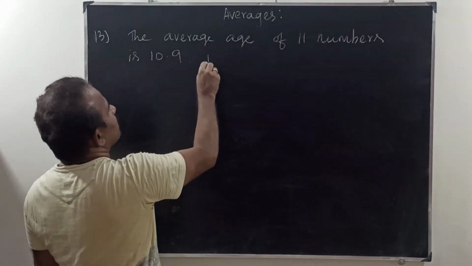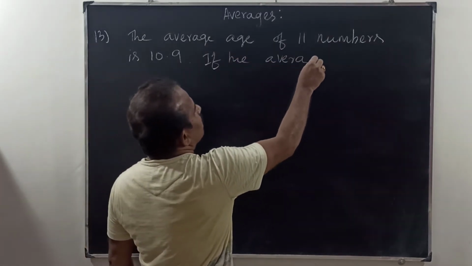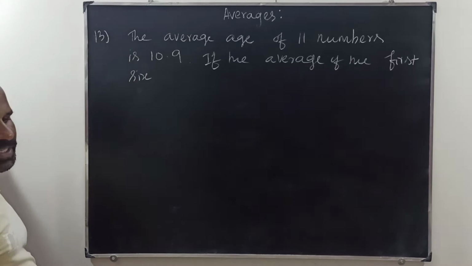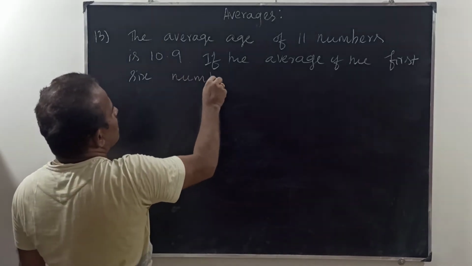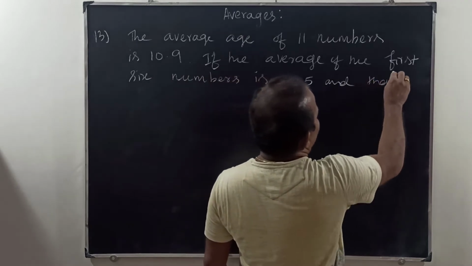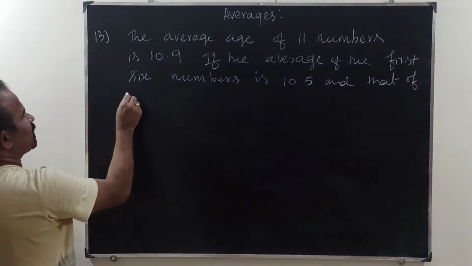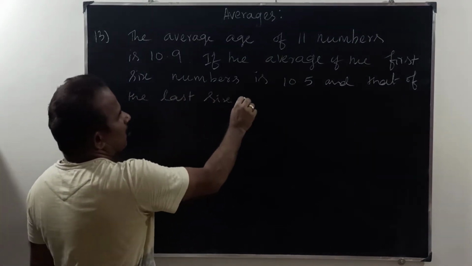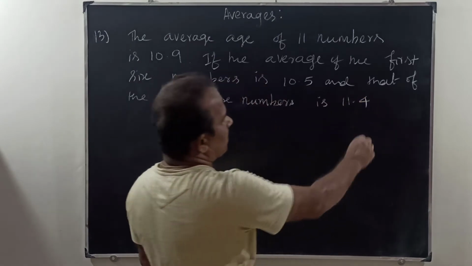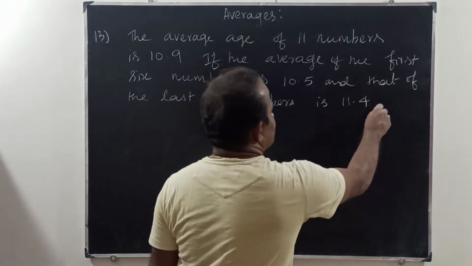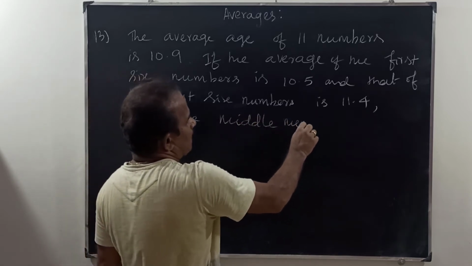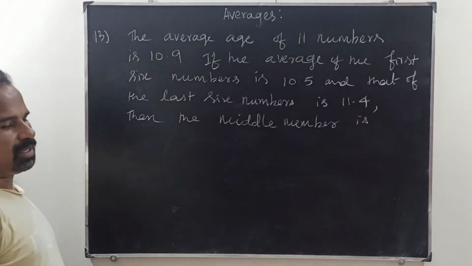If the average of the first 6 numbers is 10.5 and that of the last 6 numbers is 11.4, then the middle number is how much? This is the question.